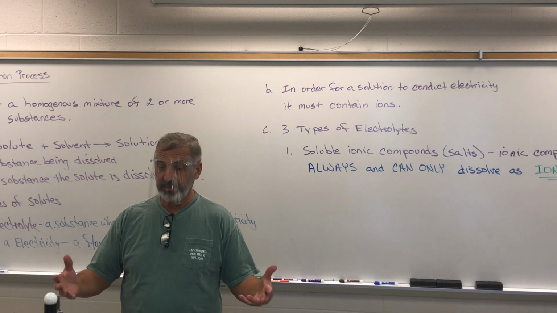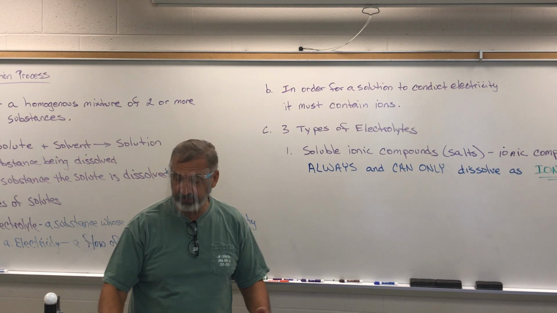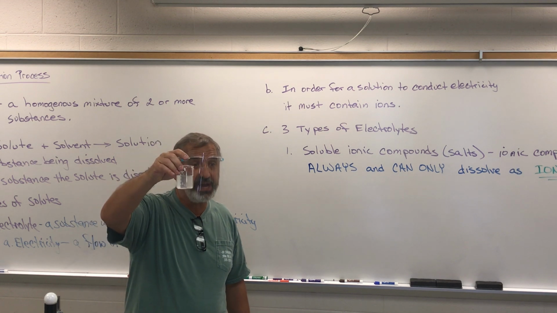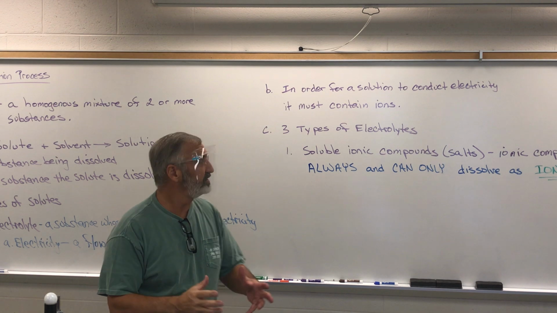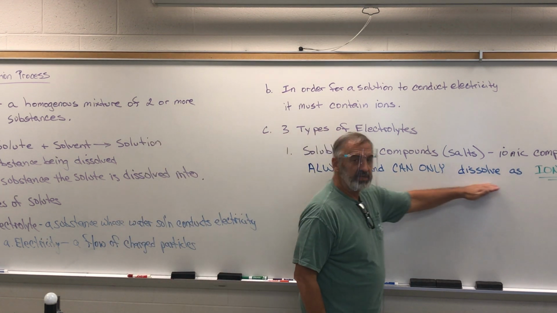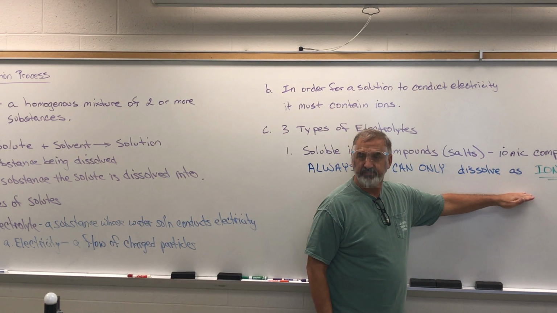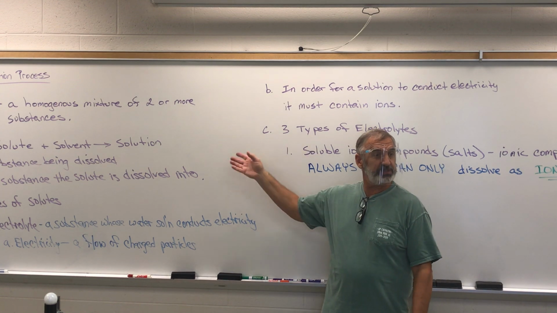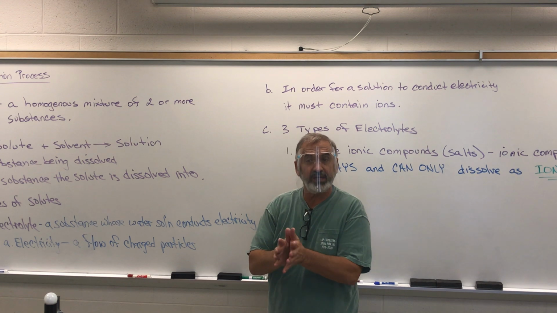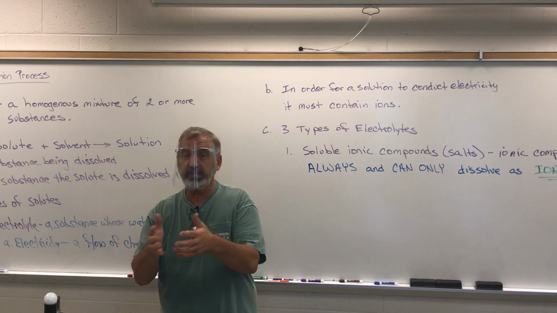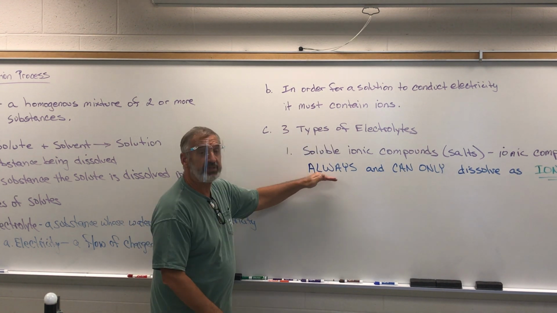So they just break down. This is a soluble ionic compound, a salt. When it dissolves, it dissolves as ions, Na plus and Cl minus. So everything we were talking about in all the previous problems, what are the concentrations of the ions in solution? They're all soluble ionic compounds that are dissociating, breaking apart, dissolving as ions, so they would all be electrolytes.